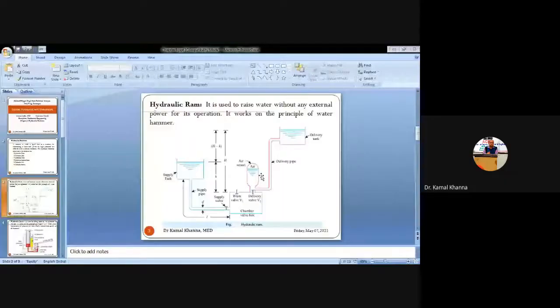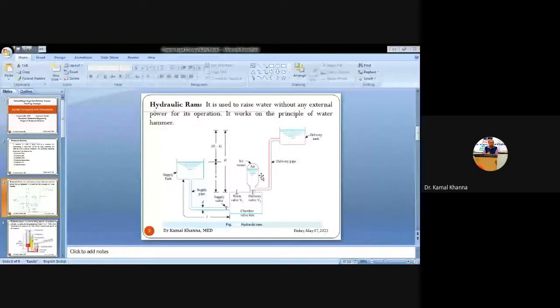In that position, the water applies pressure on the delivery valve as well as on the waste valve, but in opposite directions onto these two valves. Whenever the water applies pressure on these two valves, the waste valve will be closed and the delivery valve, which is in the flip position compared to the waste valve, will open. As soon as it is opened, the water will start entering the air vessel.